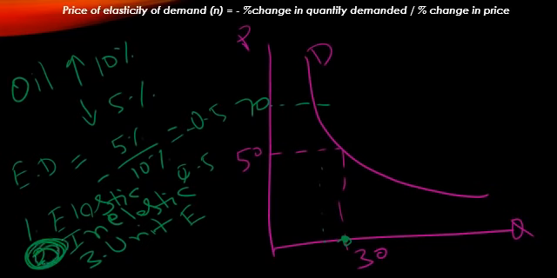Why are we calling it inelastic demand? Because there are not many substitutes available in the market. Always, when you calculate the elasticity of demand, for inelastic the value will be less than 1.